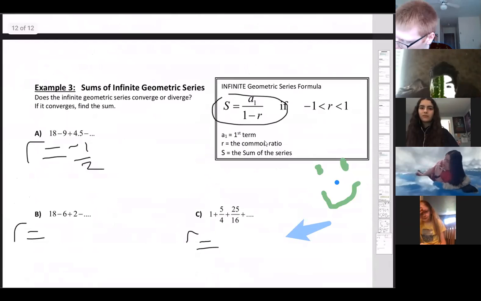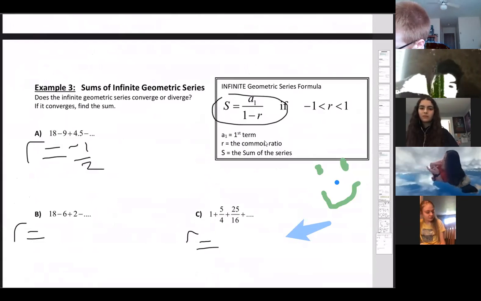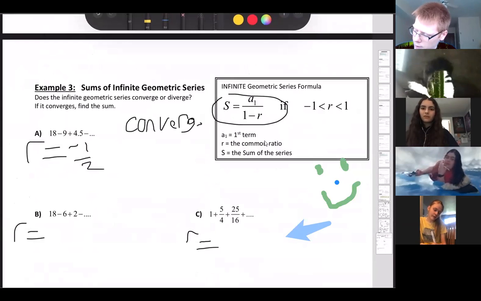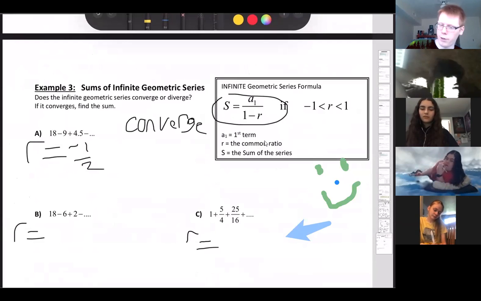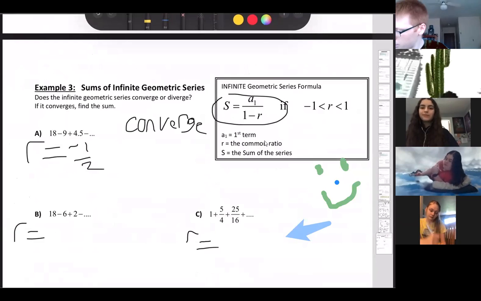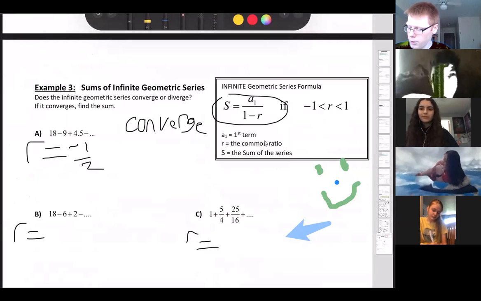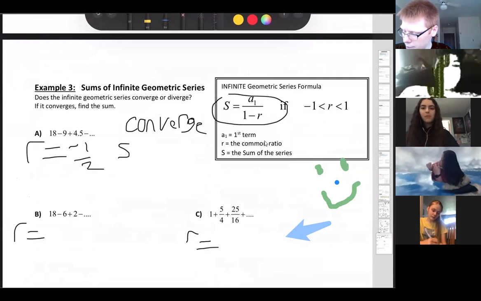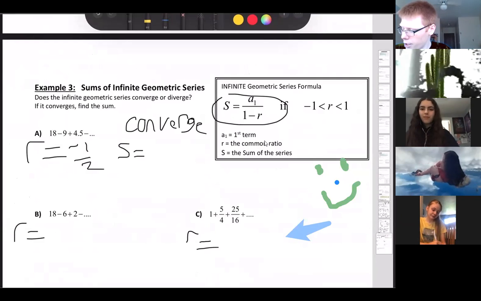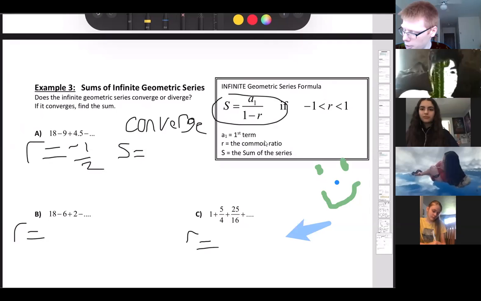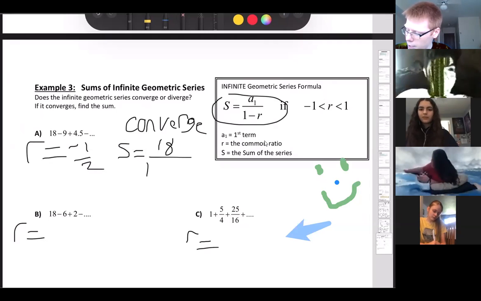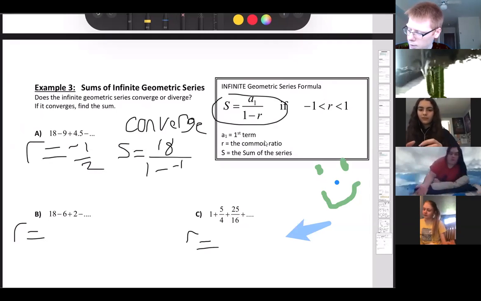So we're going to use this formula. First off, this does converge, so we want to figure out what it converges to. Like I said, you could keep listing out sums and see what we did above, but this formula is a nicer, shorter way to do it. You take your first term, 18, divided by 1 minus r, and our r was -1/2.